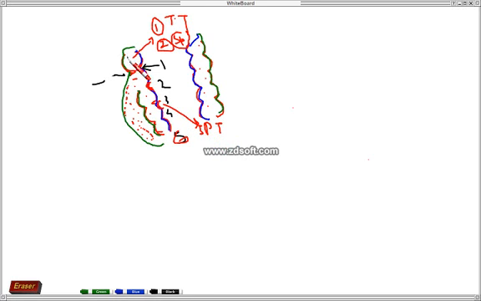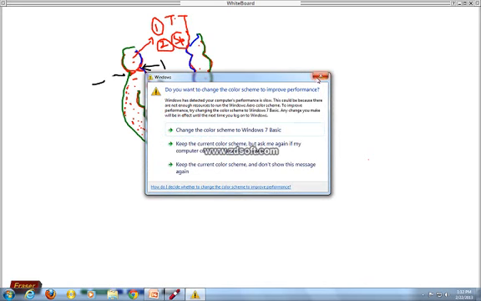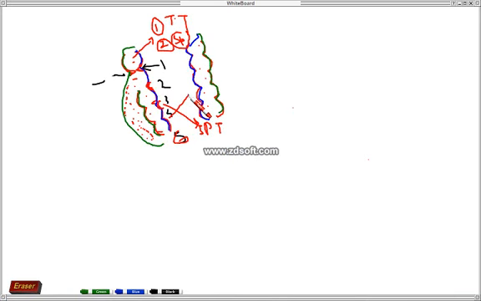Remember that the mesodermal layer also contains some neural crest cells, and these neural crest cells are highly mobile. These neural crest cells of the third pouch migrate downwards to form the lower parathyroid gland, and the fourth pouch will form your superior parathyroid gland.